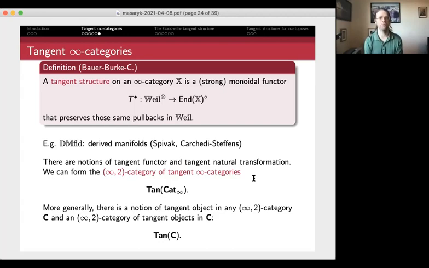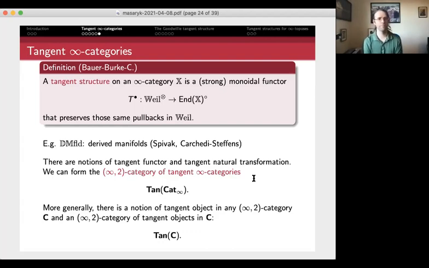So for any object X, the endofunctors of X form an infinity 1 category. And so the definition that I've written at the top there makes sense whenever X is any object in an infinity 2 category. And so the most general version of our definition is a notion of tangent object in any infinity 2 category, and an infinity 2 category of tangent objects in C.